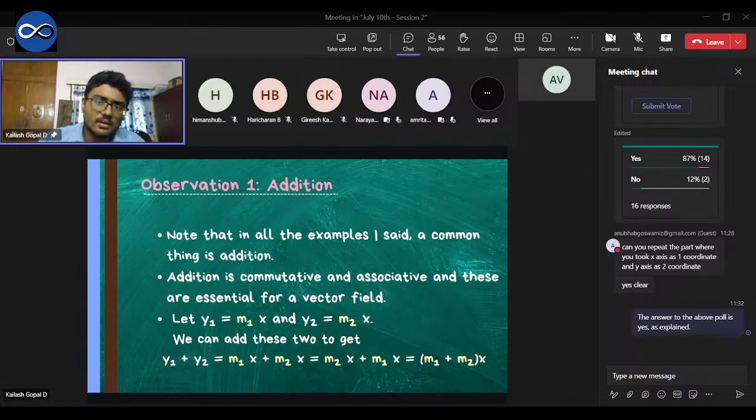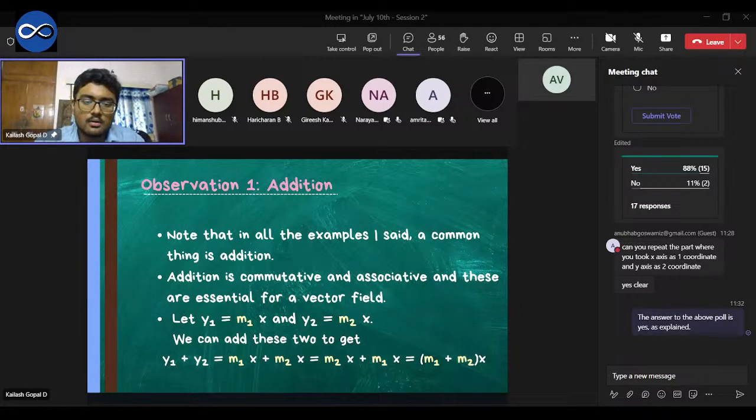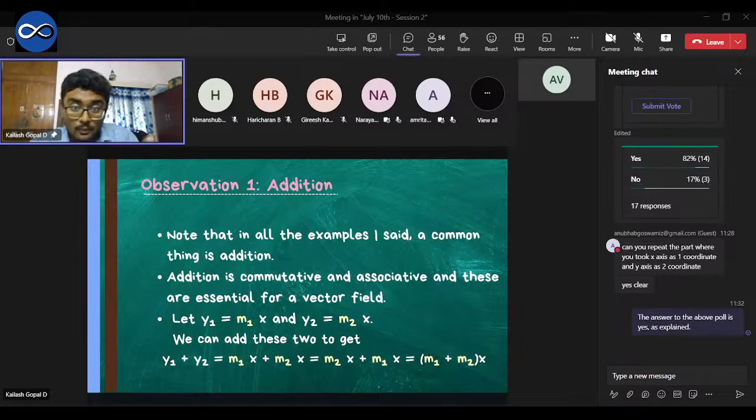Let's look at this from the perspective of linear functions, for a little more intuition. You have two linear functions, y equals m1x and y equals m2x. You look at y1 and y2 as the objects themselves, x as the input, and x comma y as the vector.